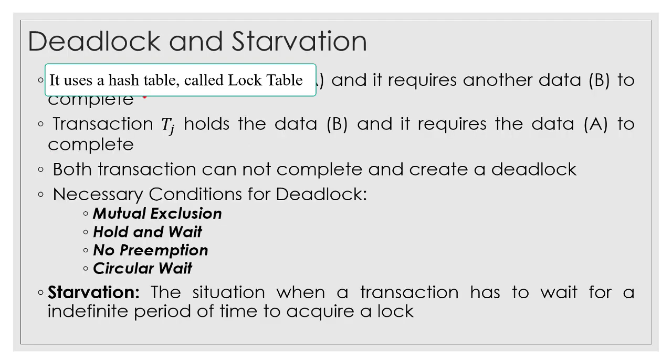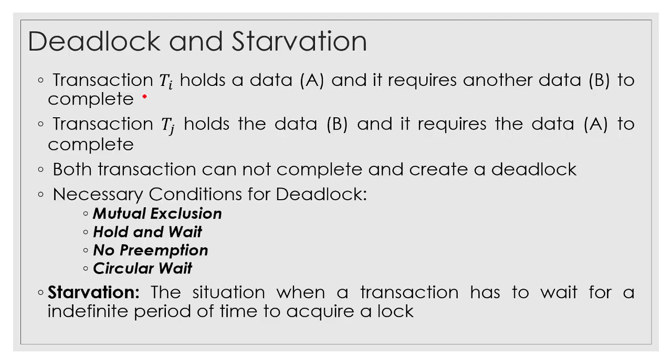So let us discuss what is deadlock and starvation. Now, deadlock is a situation where a transaction Ti holds a data item A and requests another data item B. But another transaction Tj holds the data item B, which is required by transaction Ti, and it requires the data item A to complete.